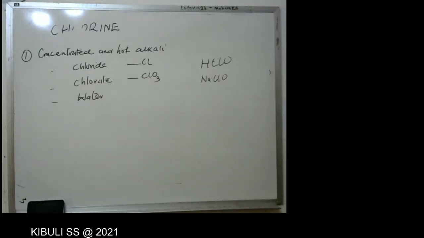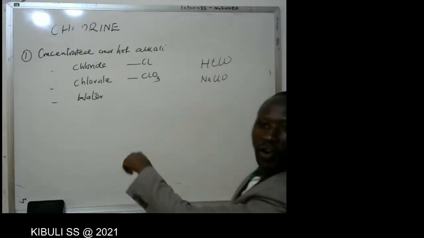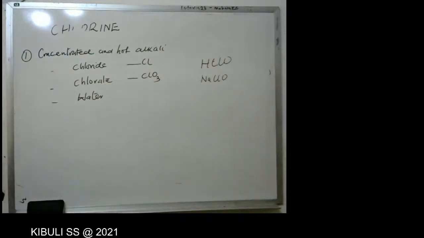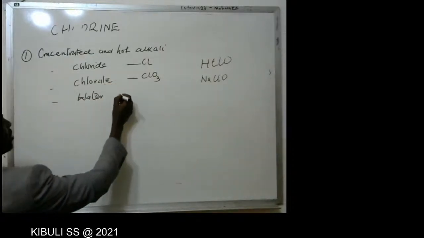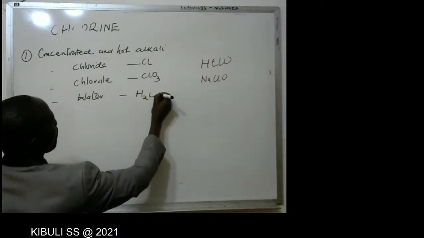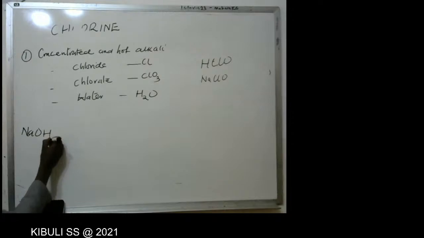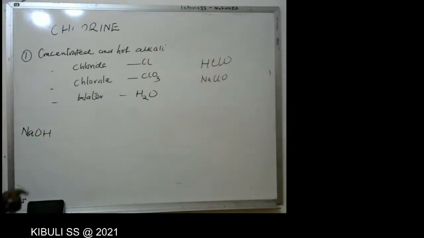Then it gets a 3, it becomes an 8. From an 8 to an 8. So chlorate with 3 oxygens. So water remains H2O. So if I'm to use sodium hydroxide, concentrated, hot, what will be here?